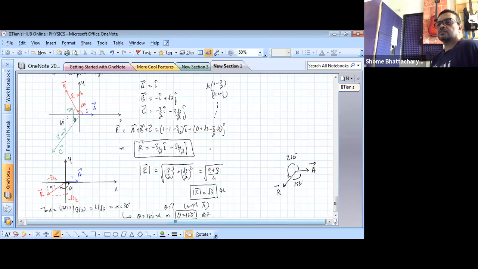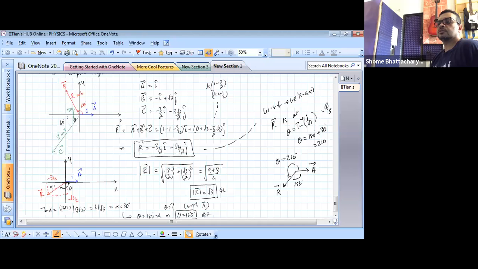You can also see it this way, that with respect to positive x-axis, R is at theta equal to tan inverse 1 by root 3, but in quadrant 3, so theta is equal to 180 plus 30, so 210.